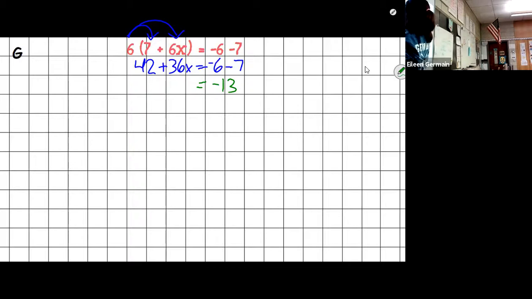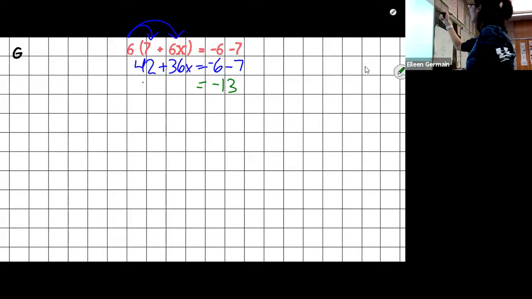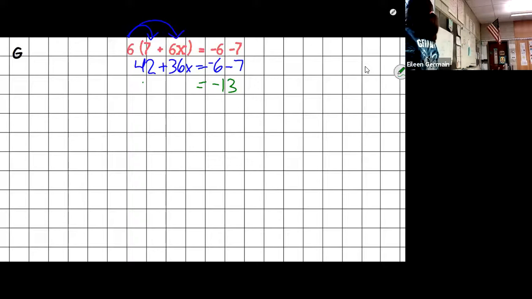What's on the left side? Well, look back at my Zoom screen and tell me what's left on the left side. We didn't do anything over there, so read me the left side. 42 plus 36x.